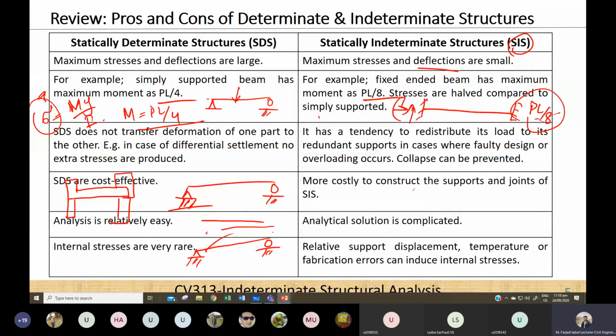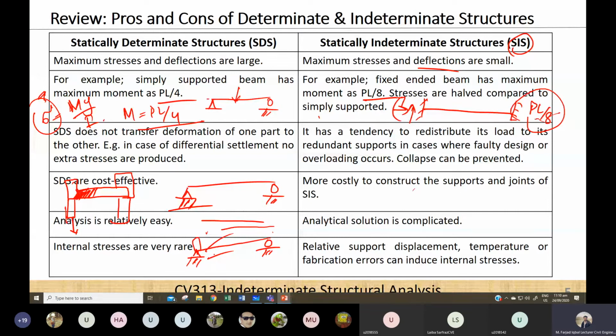If the settlement occurs in this type of beam, what will happen when this part moves? Now this whole part is connected to this beam, and it will try to move in the downward direction. The stresses developed in this portion, or the force that this connection produces on the beam, will be very high compared to the one in the simply supported beam, because in that one it is not connected from each side, it is connected only from the bottom side.